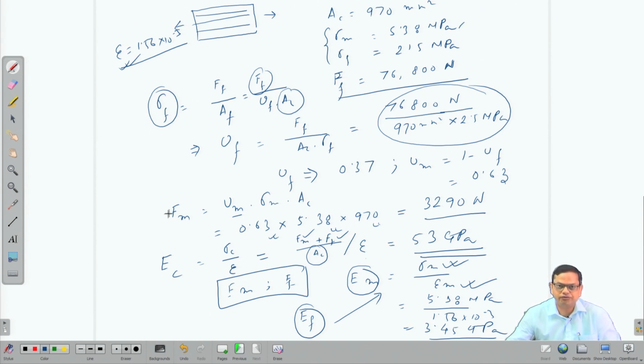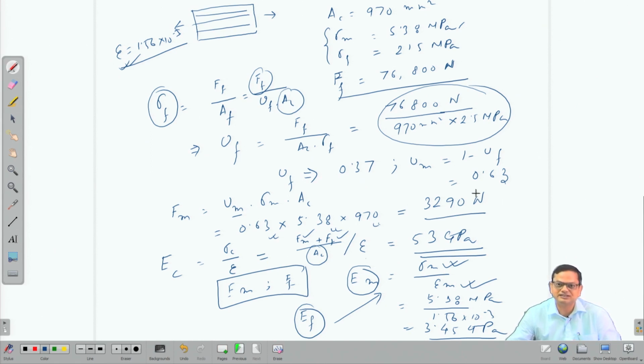You find F m using the same equation for the matrix now. So V m multiplied by sigma m multiplied by A c, and you get the value, because sigma m has already been given and A c also has been given. So the value of F m you get using this equation.